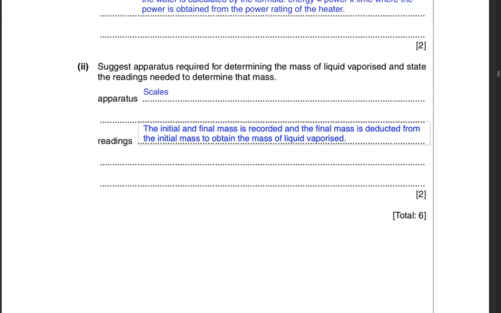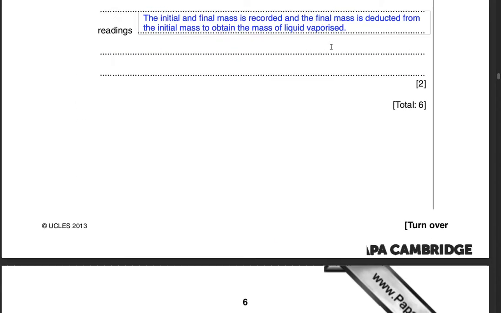Now don't say water, because they have told you liquid, so you use liquid.